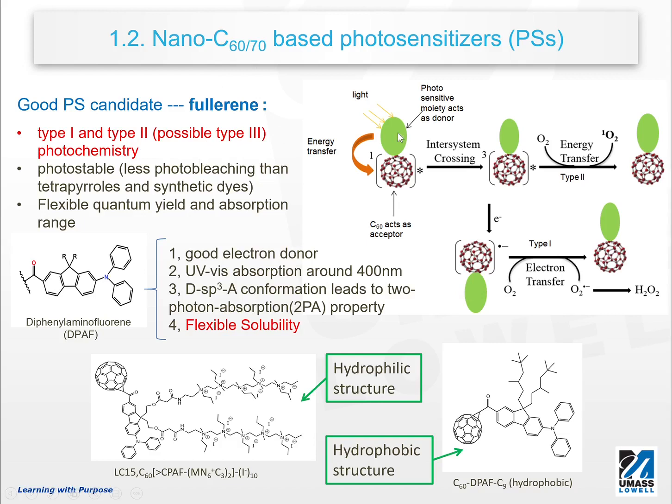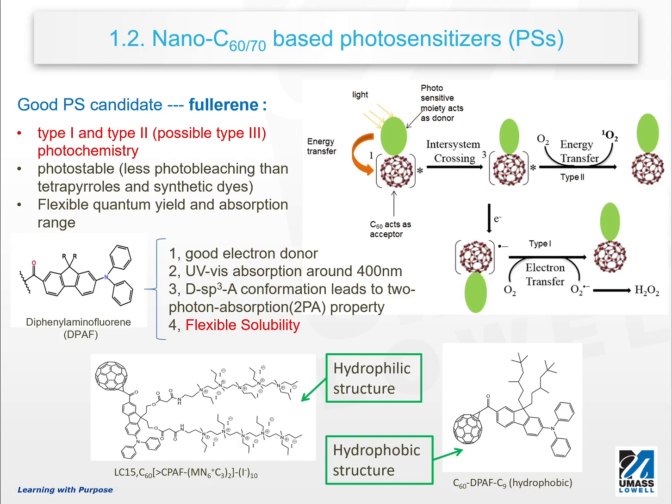So for the type 1 photochemistry, once you give light to the fullerene-based photosensitizer, type 1 involves electron transfer. So the fullerene-based photosensitizer will transfer the electron to oxygen to generate superoxide radical, and the superoxide radical can be used to generate hydrogen peroxide, and then hydrogen peroxide will transform to hydroxyl radical.